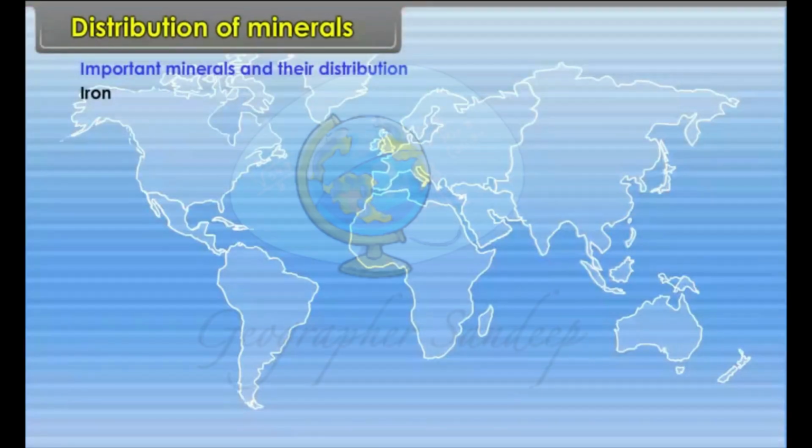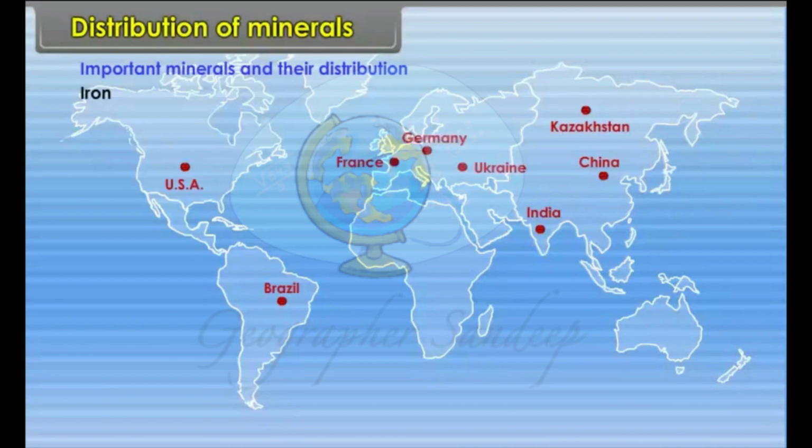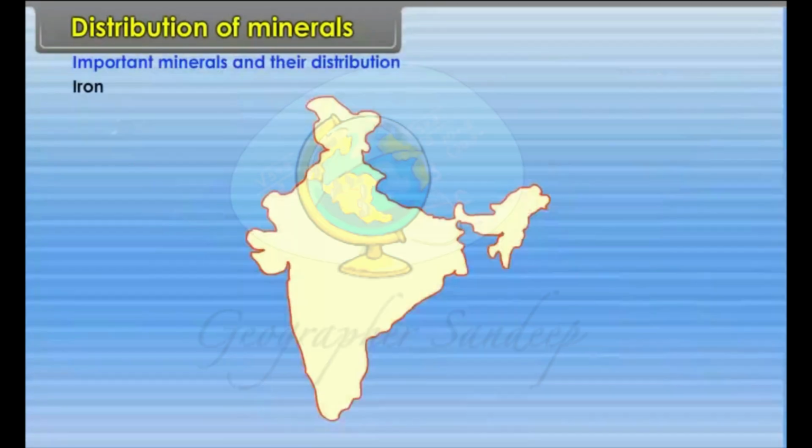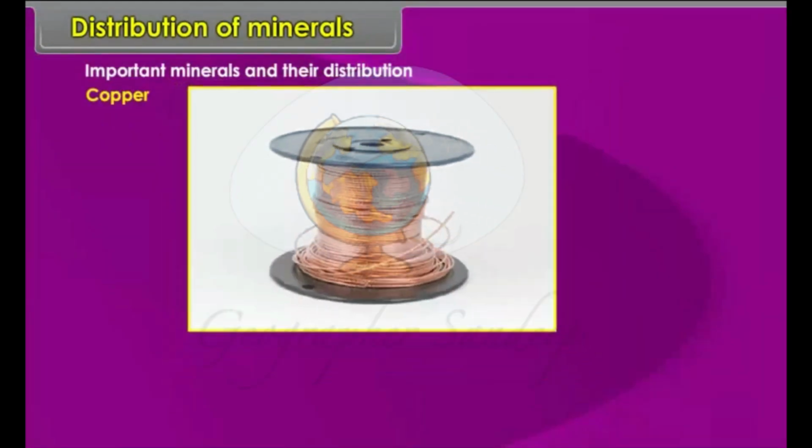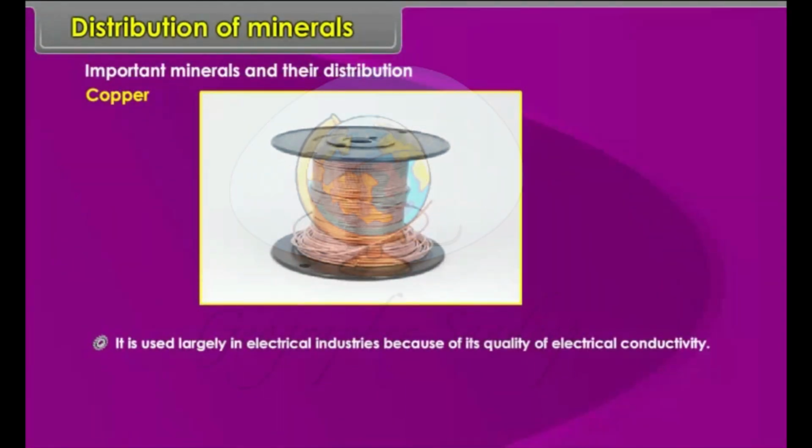Location, world: Ukraine, Kazakhstan, USA, China, India, Brazil, France, Germany, South Africa, etc. In India: Jharkhand, Orissa, Chhattisgarh and Madhya Pradesh. Copper. It is used largely in electrical industries because of its quality of electrical conductivity.